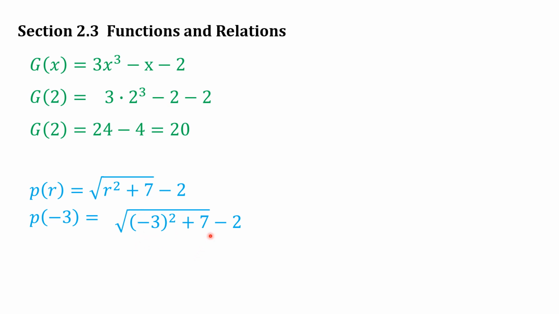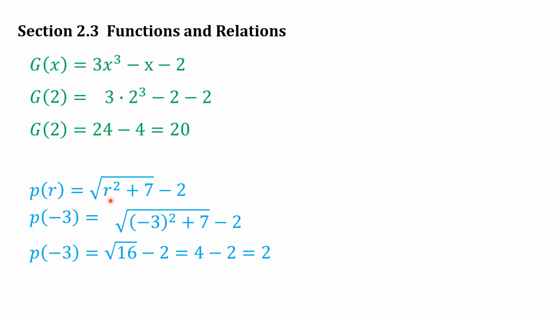That'd be 9, add a 7 to it. 9 and 7, 16, square root it. 4 times 4 is 16. Subtract a 2 from it, and what do you get? 2. So you p a negative 3, and out comes a 2. That's the function acting on negative 3, gives you back a 2.